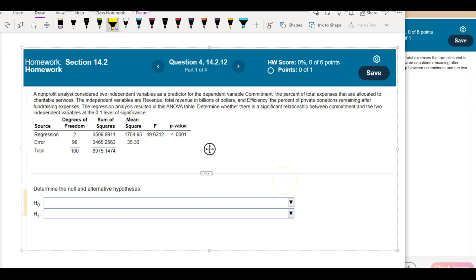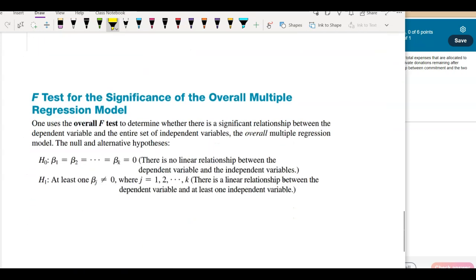In question 4, we are given the regression analysis result in an ANOVA table, and we want to determine as a first question the hypothesis testing. The hypothesis testing is always H0: B1 equals B2 equals all the way to BK equals 0.